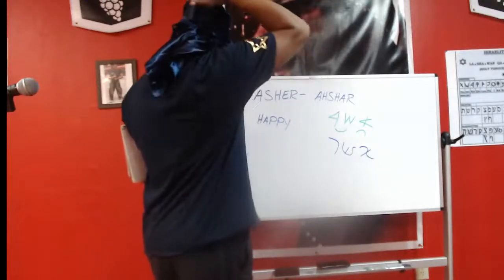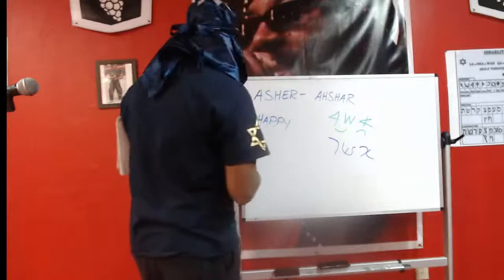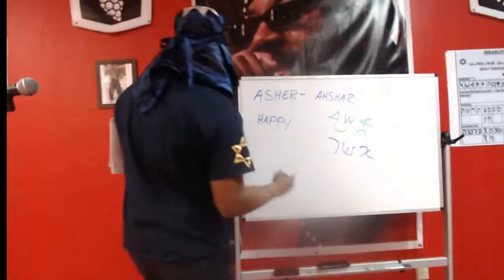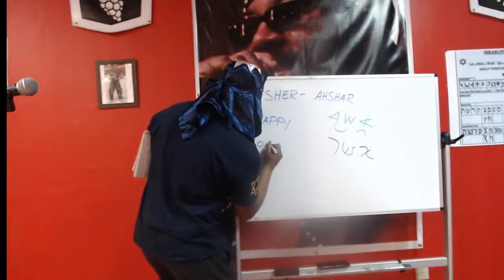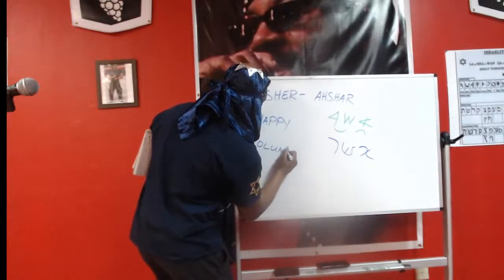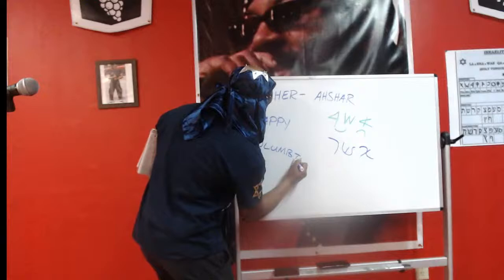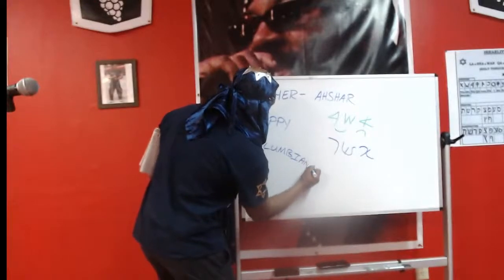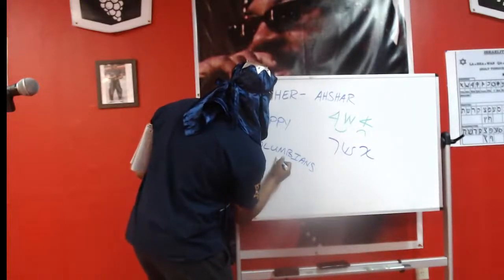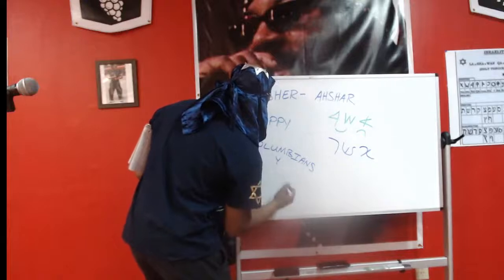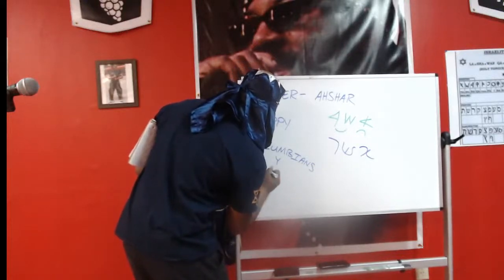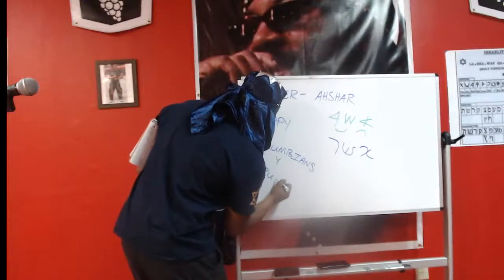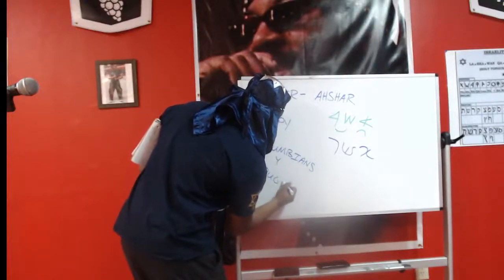And also, Asher is the so-called Colombians. And you can also throw in Uruguay as well.